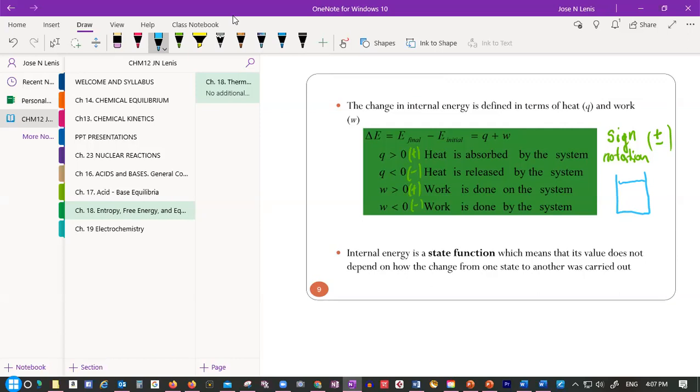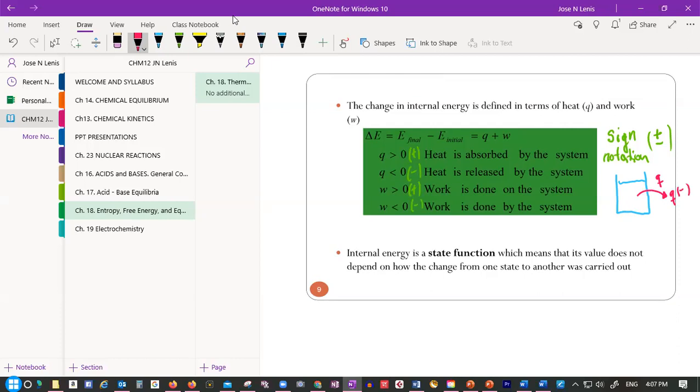If your system is producing heat and the heat transfers from the system to surroundings, that means you have a negative heat.